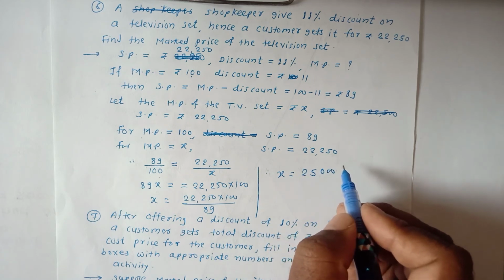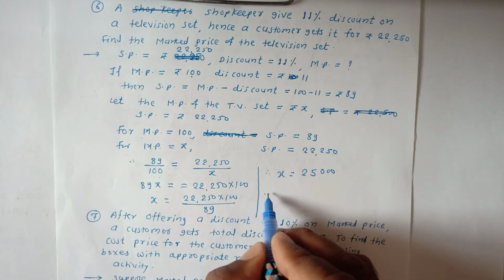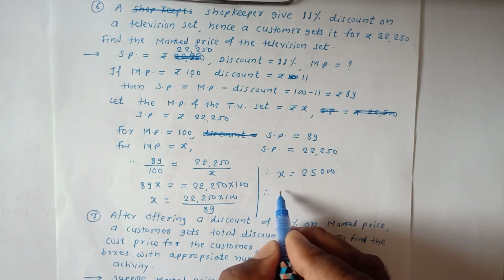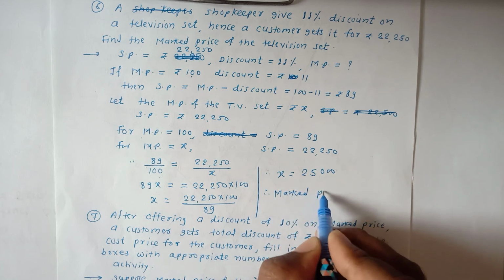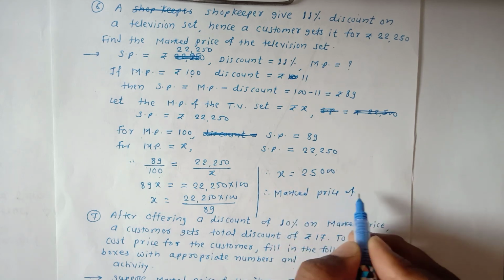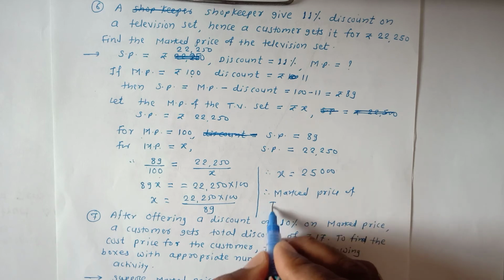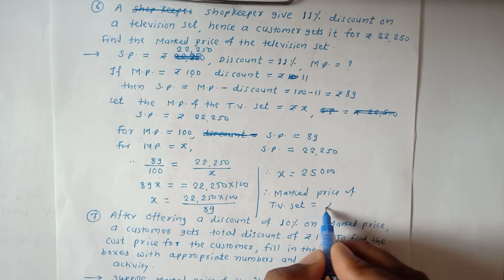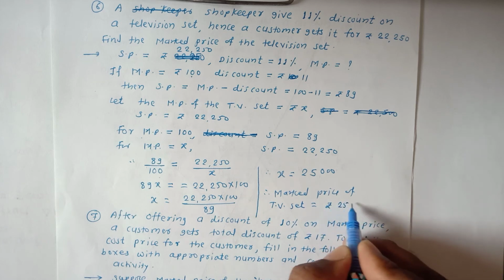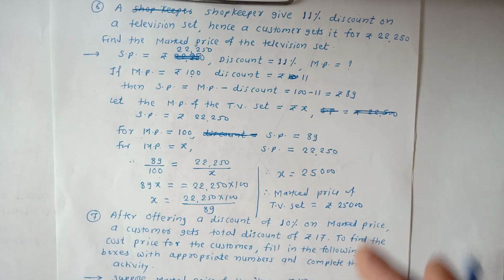Therefore our answer is mark price of TV set is equal to rupees 25,000.